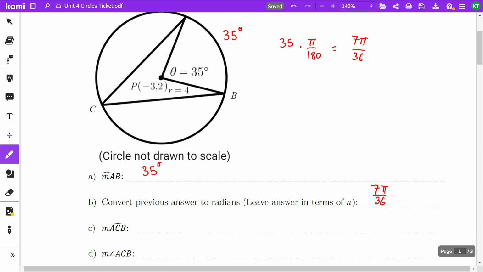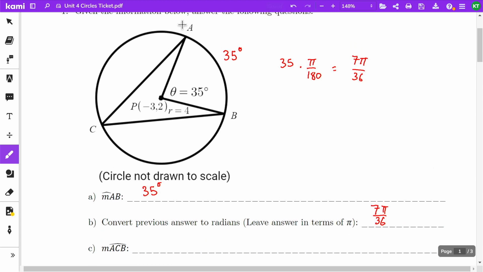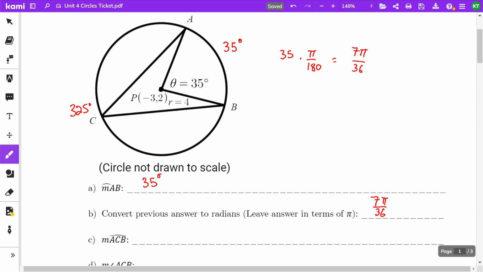Next is asking for the measure of arc ACB. That's our major arc that goes around the outside here. So that would be 360 minus 35 degrees, which is going to be 325 degrees.